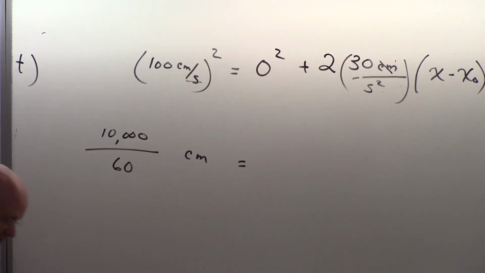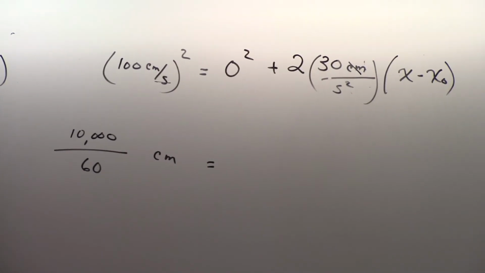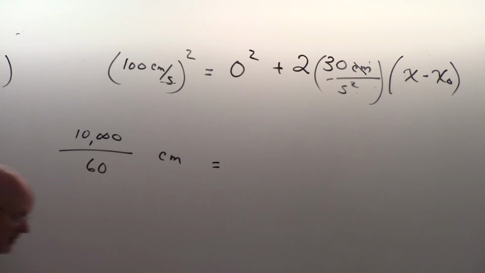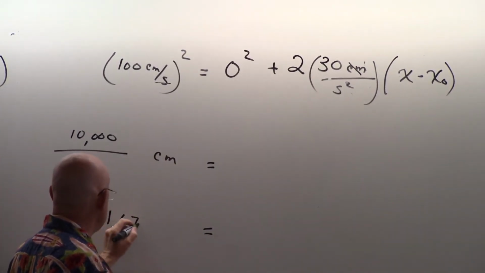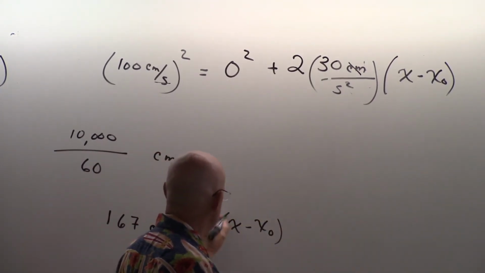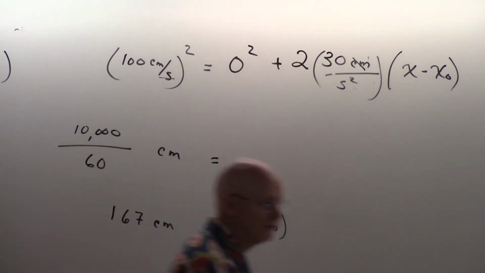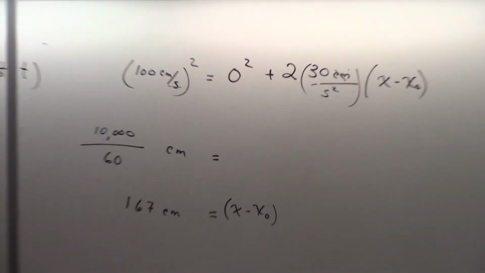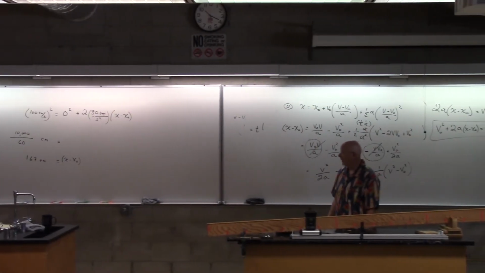And so grabbing my calculator, 100 squared divided by 60 gives me a position of 167 centimeters is where it would be having a speed of 100. Which, I don't know, somewhere around here-ish. Okay. Well, let's keep going.